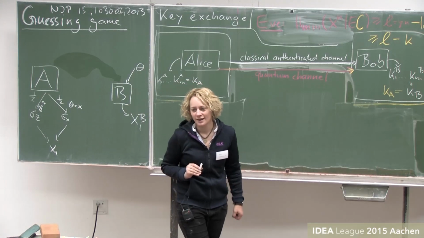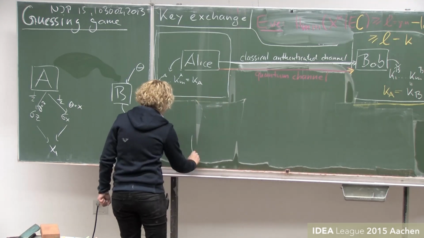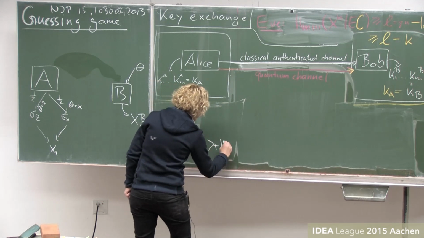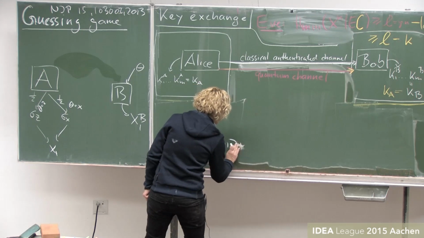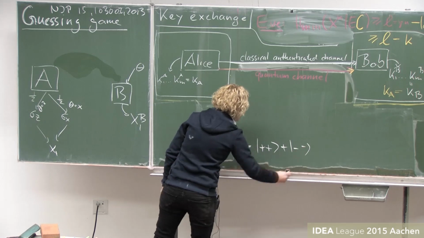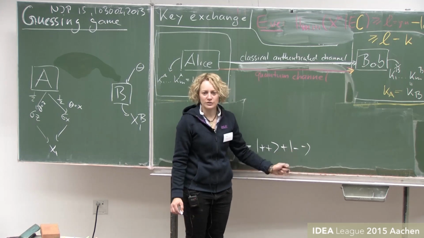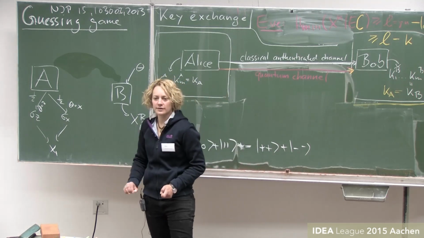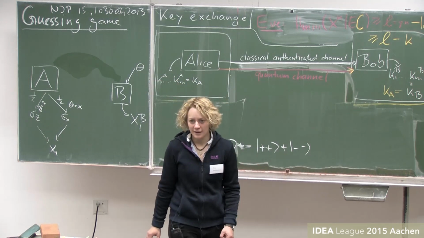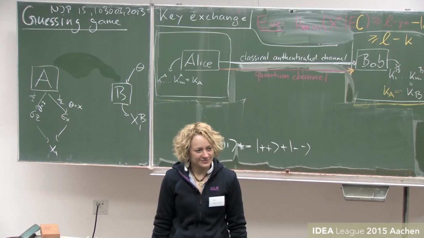Note that an EPR pair is entangled in every basis. So 0,0 is the same as plus plus. I'm using plus and minus for 0 plus 1 and 0 minus 1. So these are the eigenstates of sigma x. So indeed, you will be able to win my game perfectly.